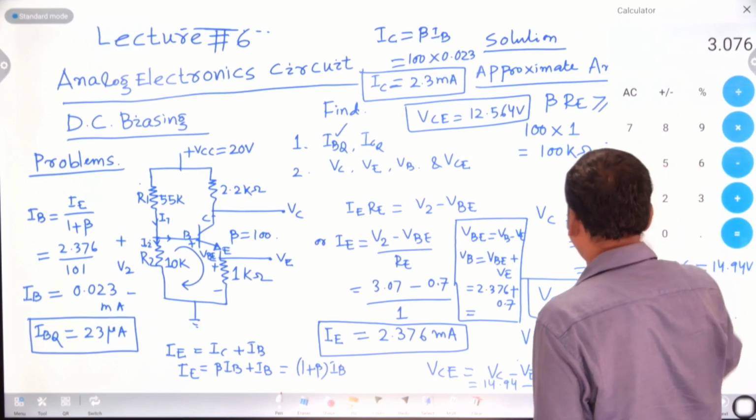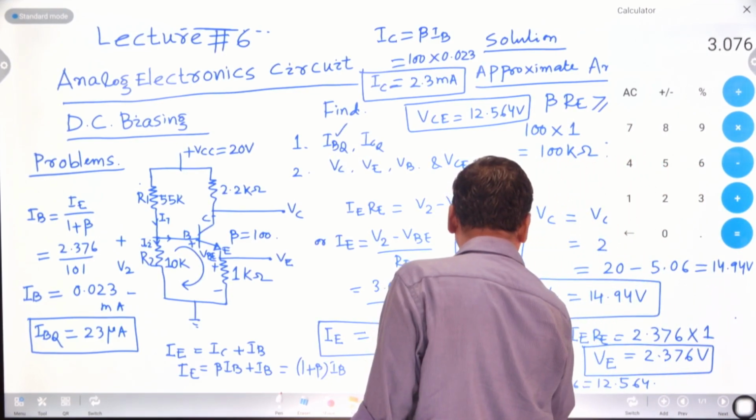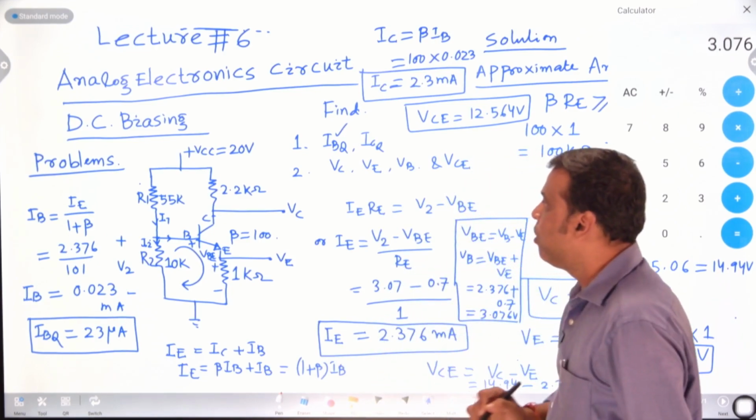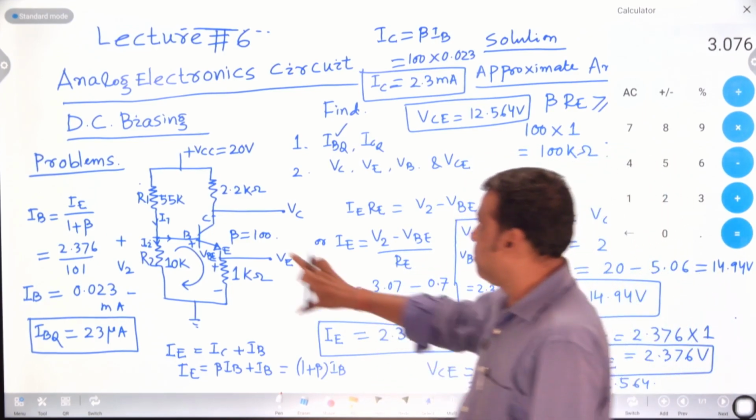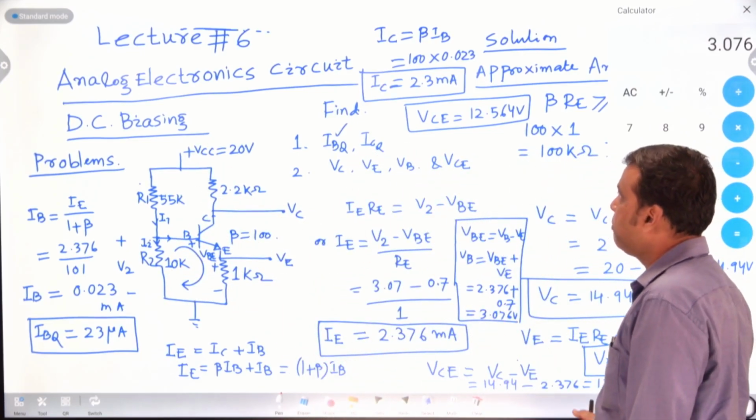The value is nothing but 3.076 volt. Already this is nothing but V2, which we have already calculated. V2 is nothing but VCC into R2 by R1 plus R2. Exactly match. That is your VB equal to 3.076.